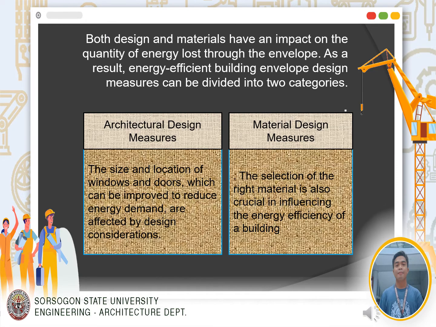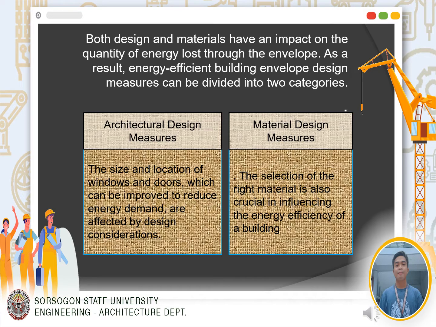Both design and materials have an impact on the quantity of energy lost through the envelope. As a result, energy efficient building envelope design measures can be divided into two categories. Under the first group, architectural design measures, the size and location of the windows and doors, which can be improved to reduce energy demand, are affected by the design considerations.